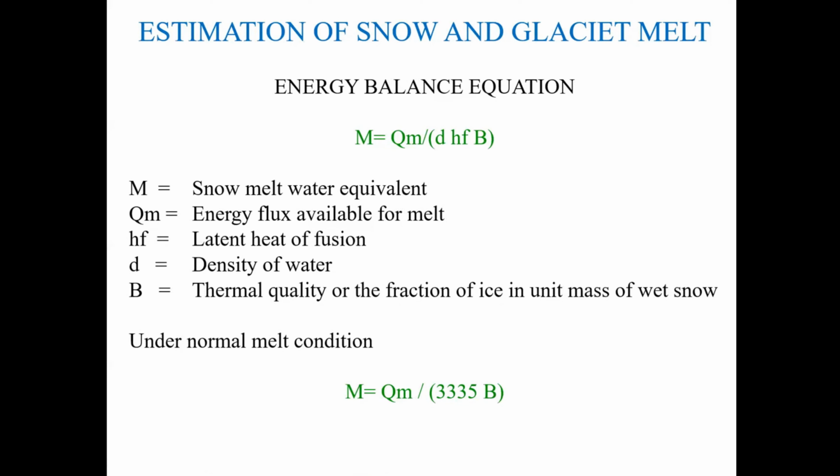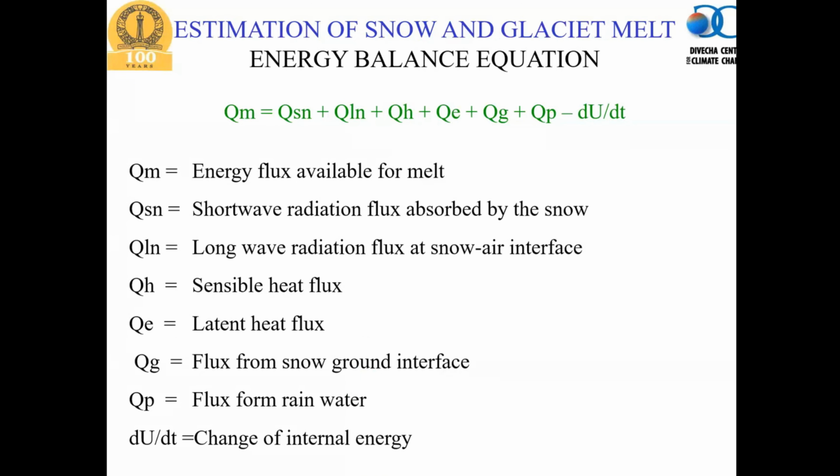Remember, wet snow will have water as well as ice crystals. Therefore, how much that fraction is, is important to know the melt. So it appears to be very simple. The next step is how much energy, Qm, is required, the energy flux available for melt, where Qsn is the shortwave radiation flux absorbed by the snow.